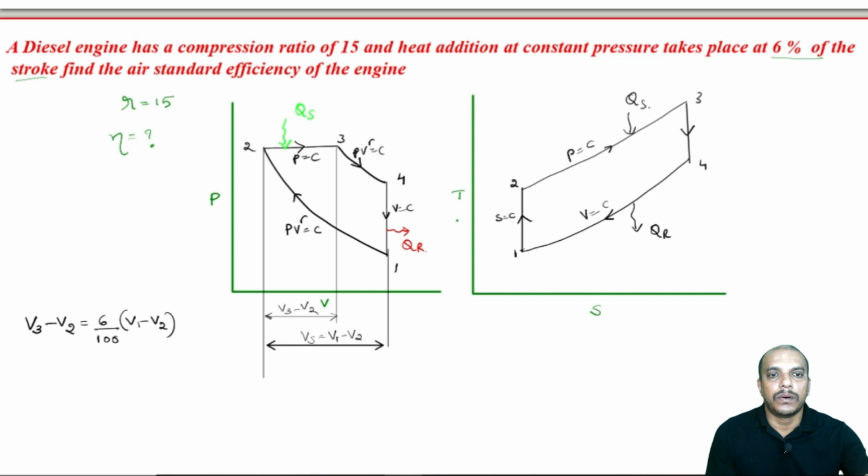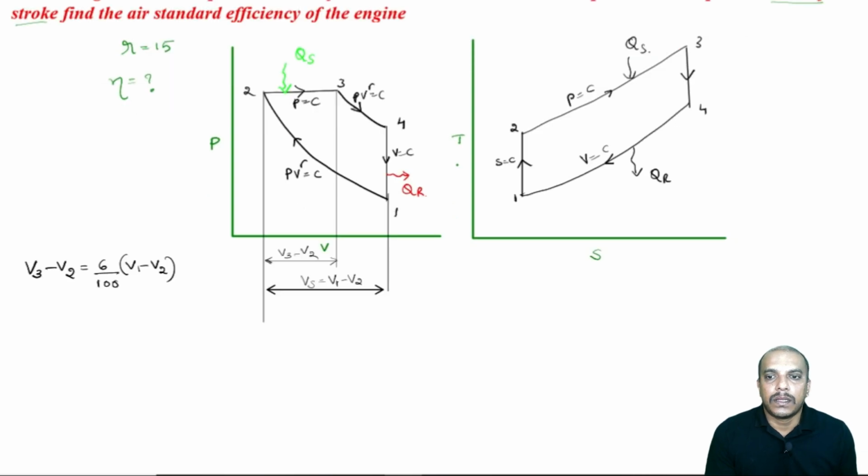Now, that means we can take V2 common here. So, that will be V3 by V2 minus 1, equal to 0.06. We can take V2 common here also, so that we can cancel out V2. So, this will be V1 by V2 minus 1.